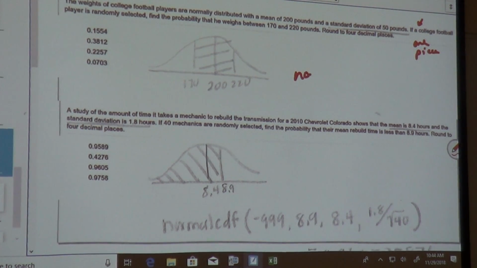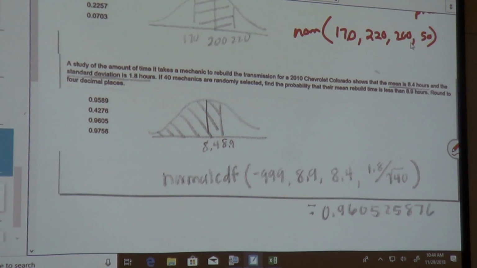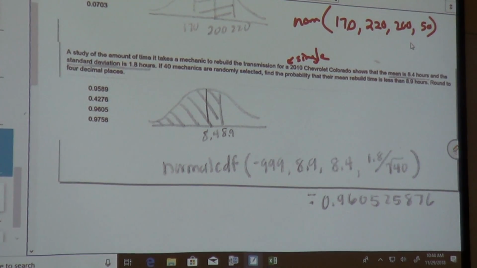So it's going to be a normal of the left and the right and the mean and the standard deviation. That is for A, that's single data. Oh, no it isn't, because it says 40 mechanics. That's why you're dividing it by the square root of 40.